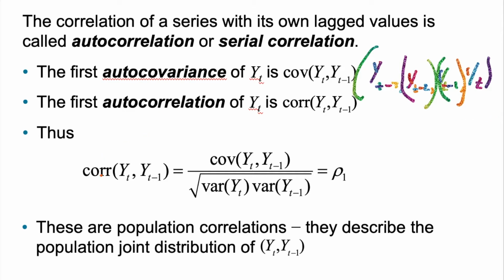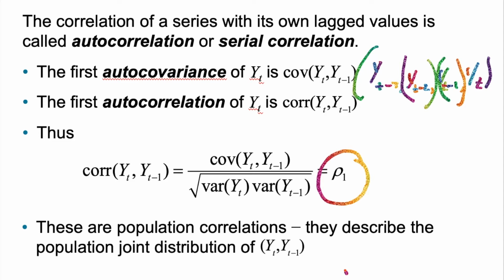Recall that correlation is the covariance between the two observations divided by the square root of the variance of yt times the variance of yt minus 1, and that gives us the first autocorrelation. These are population correlations that describe the population joint distribution of yt and yt minus 1.